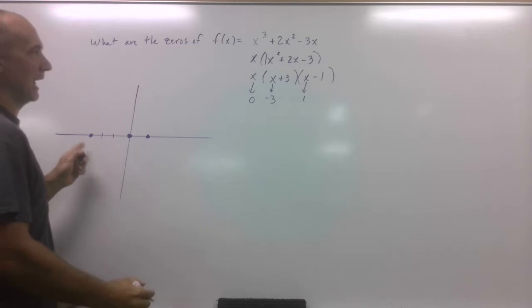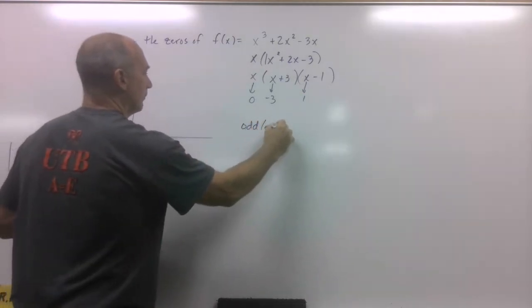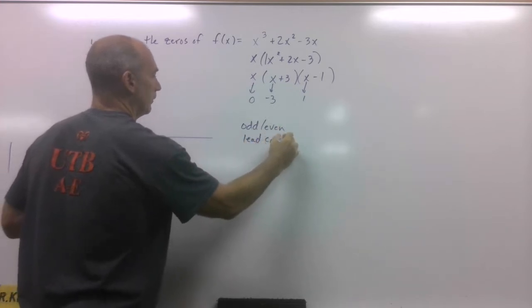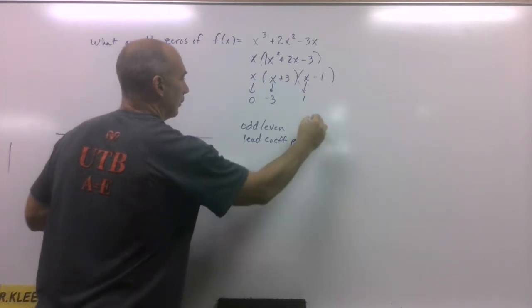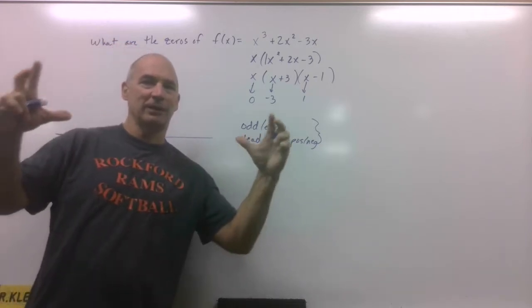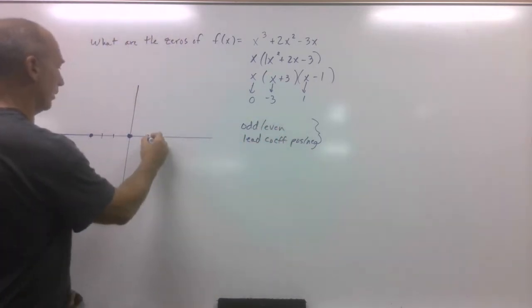Now the next thing I'm going to ask, is this an odd or even? And is the leading coefficient positive or negative? We're going to put all these together and get what I've been referring to as the chocolate wafer part of the Oreo cookie. What's happening from here and here?